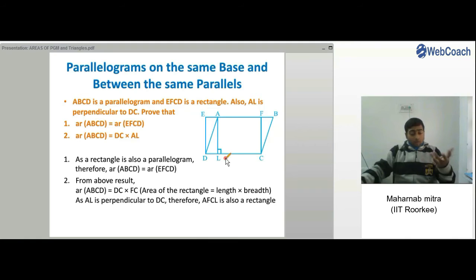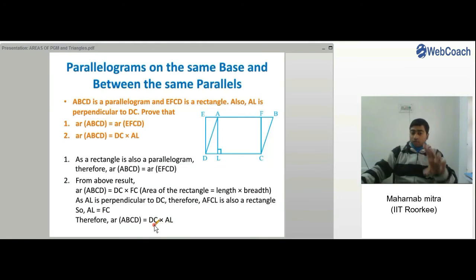AFCL is forming one more rectangle. Their opposite sides must be the same. So you can say AL must be equal to FC. So let us put these values in our equation, right? And we can easily see that if we replace FC with AL, which is of the same length, we can easily get area of parallelogram ABCD equals DC into AL.